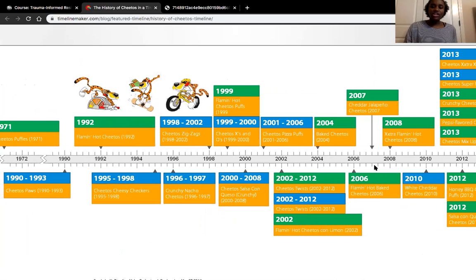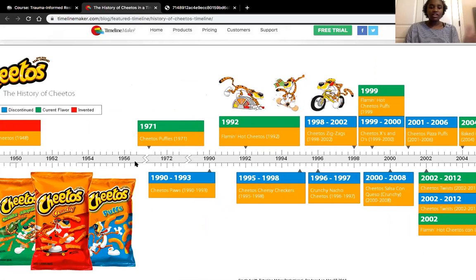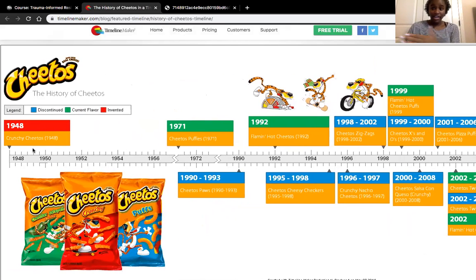When you're reading a timeline, you start left to right, just like when you read. So it starts right here with 1948. It says 1948 is when the Crunchy Cheeto was invented and put out into stores and whatnot.